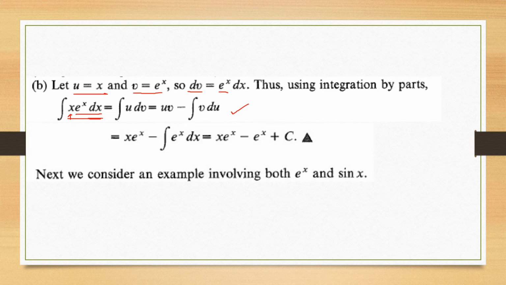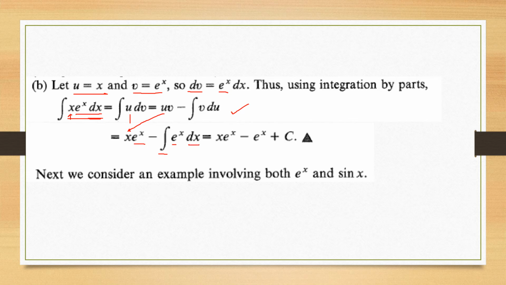Now replacing the values of u and v, we take this as u and this e power x is v, negative sign, integral sign, and here it's v, while du is just dx.